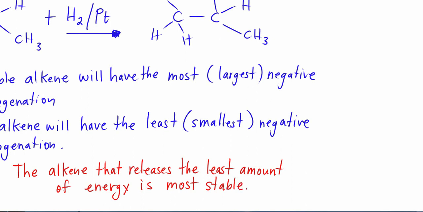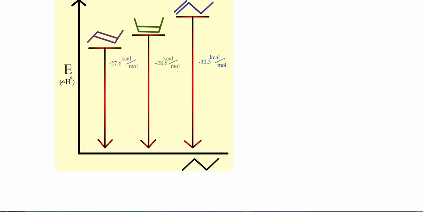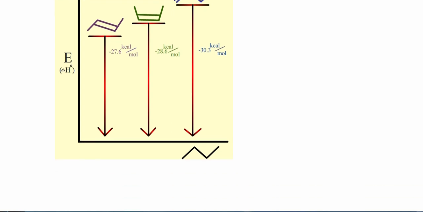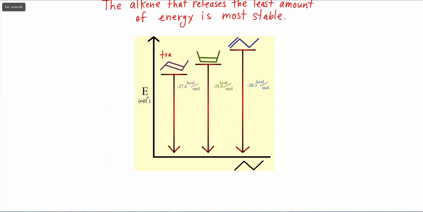Okay, so if we look at this energy schematic, and this is a trans alkene, this is a cis alkene, and this terminal alkene here.